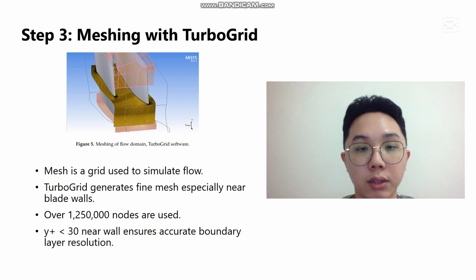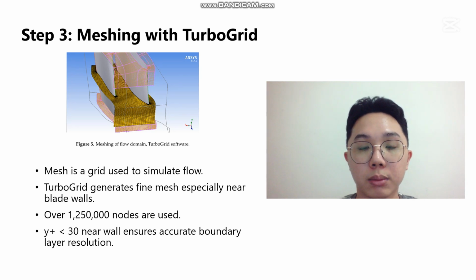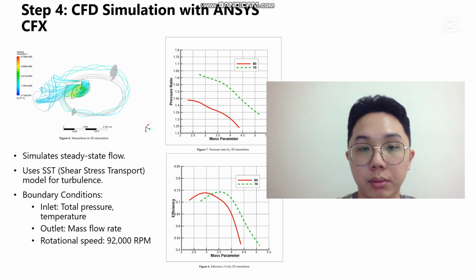Special attention was given to the boundary layers, maintaining a Y plus value below 30 to ensure sufficient resolution of near-wall flows. TurboGrid also creates mesh block that align with blade curvature, improving flow fidelity across pressure and suction surface. This step ensures numerical stability and reliable turbulence modeling.